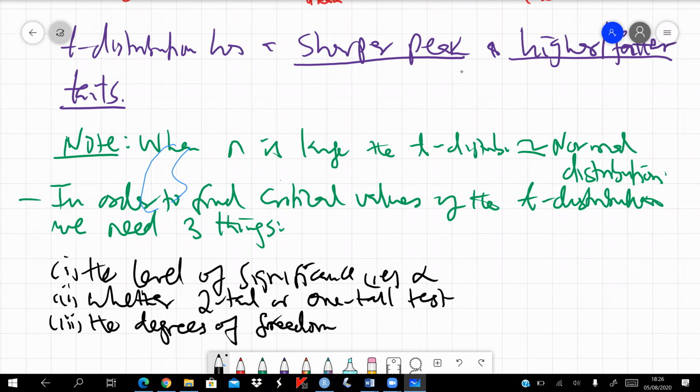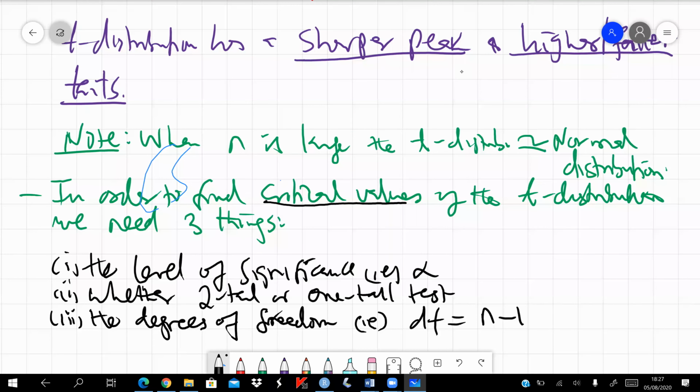That is d.f., which is always given by n minus 1, where n is the size of the sample. So those are the three things you need to know to get the critical values of the t distribution.